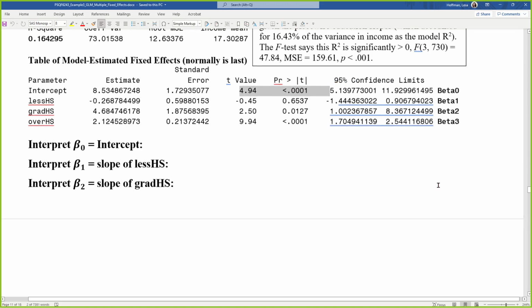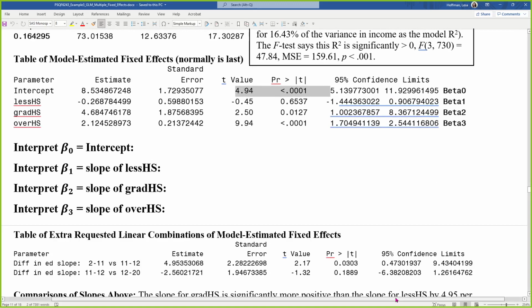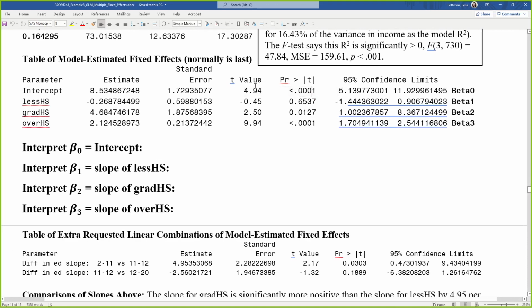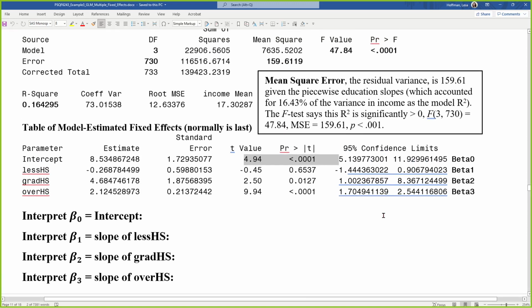Does the fact that this intercept is statistically significant, does that go in my results section, yes or no? Deborah, you're shaking your head? You're correct. Why not? Because isn't F the test statistic?